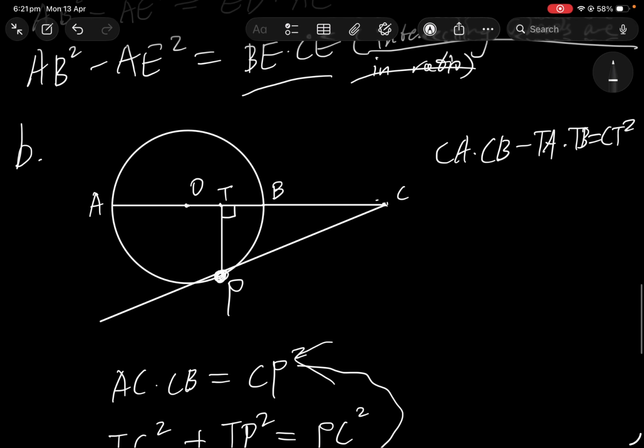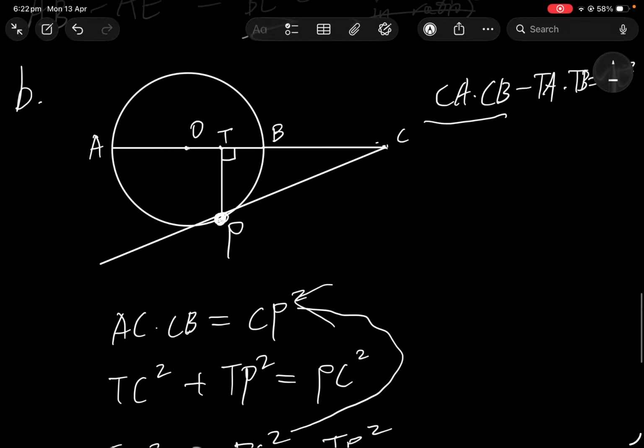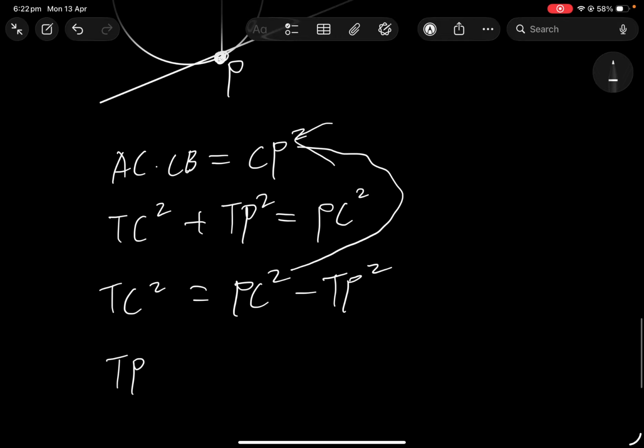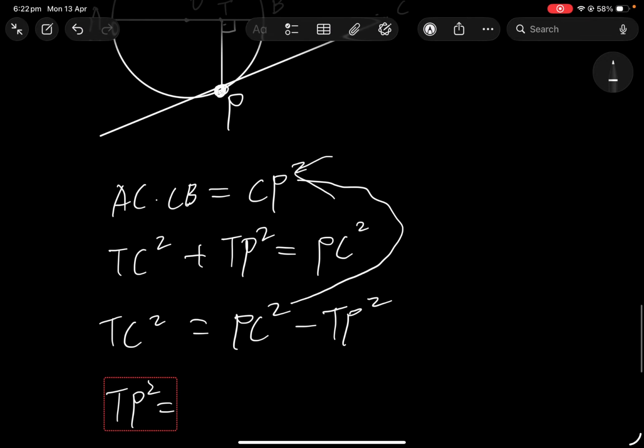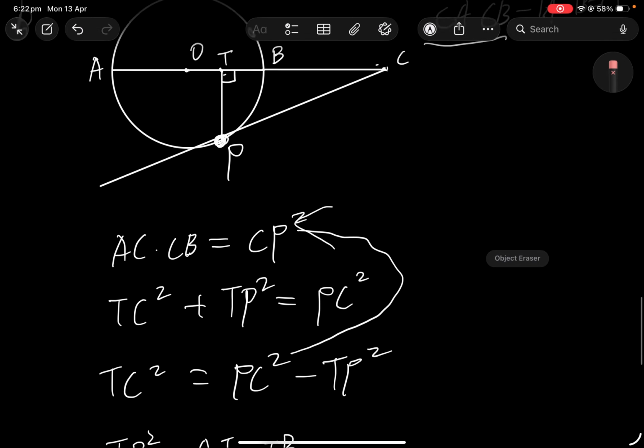So we're going to put that in. We do need to know that TA times TB will equal, oh yeah, because this is the external point, we can literally just say TP squared equals AT times TB, because it's the same circle theorem as this one.